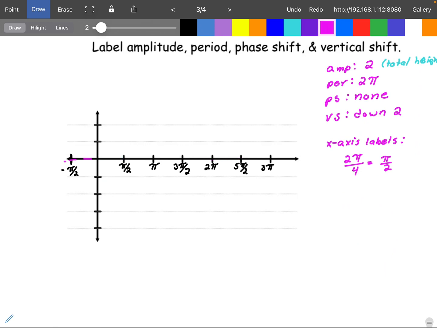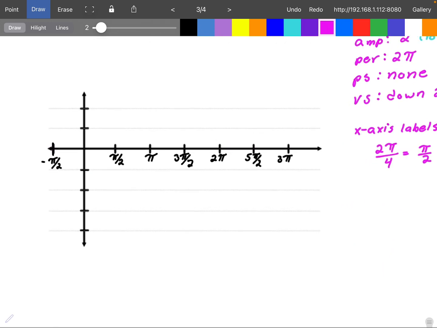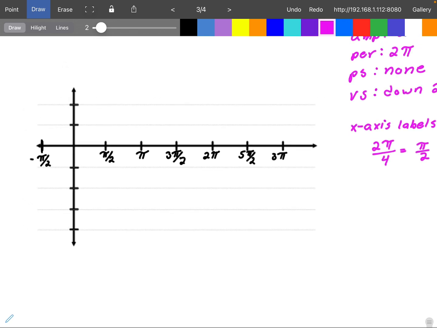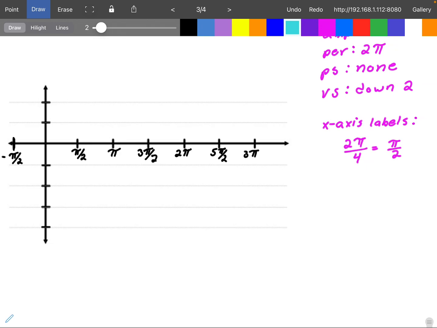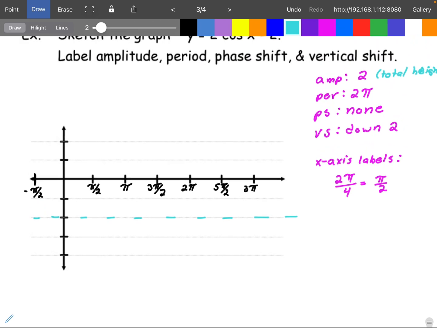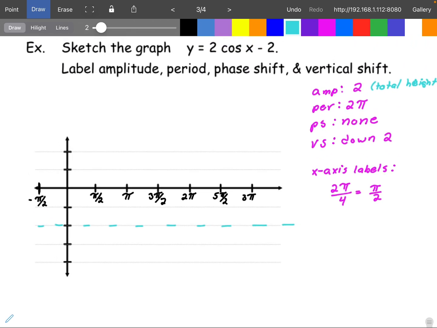So instead of it being at 0, the horizontal center of my graph is now going to be at -2. So this is going to be my new quote-unquote x-axis. We're still going to use that same basic pattern. Sine begins at 0, cosine begins at 1, and we follow the pattern from there. However, my new quote-unquote 0 is at -2.